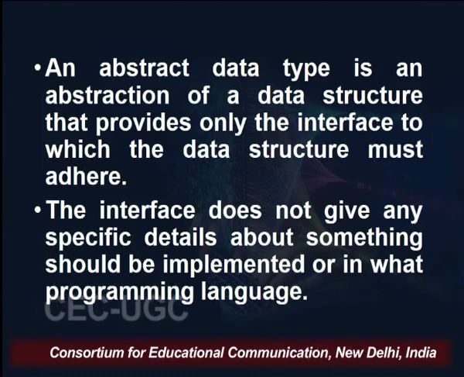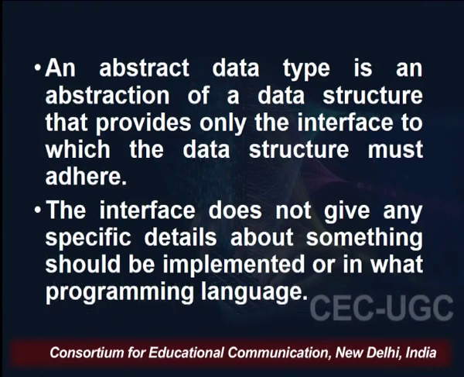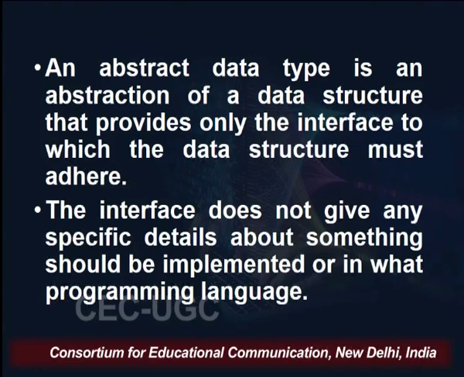When we talk about the abstract view in detail, we encounter a term which is known as abstract data type, and this abstract data type, ADT, is an abstraction of the data structure that provides only the interface to which the data structure must adhere. This interface will not give any specific details about how any operation could be implemented, or in which particular programming language.